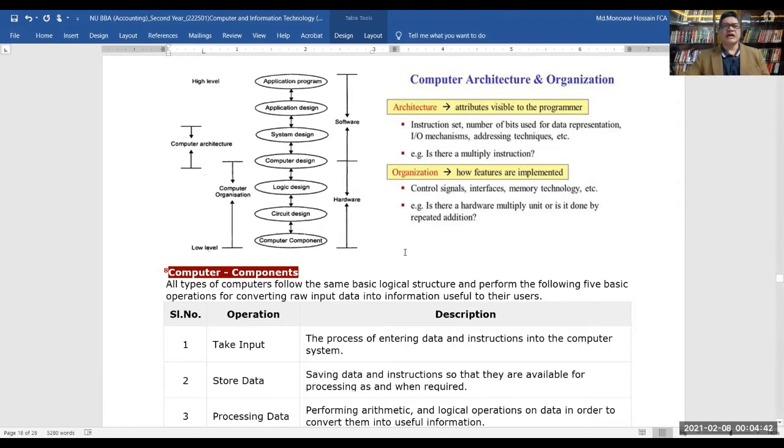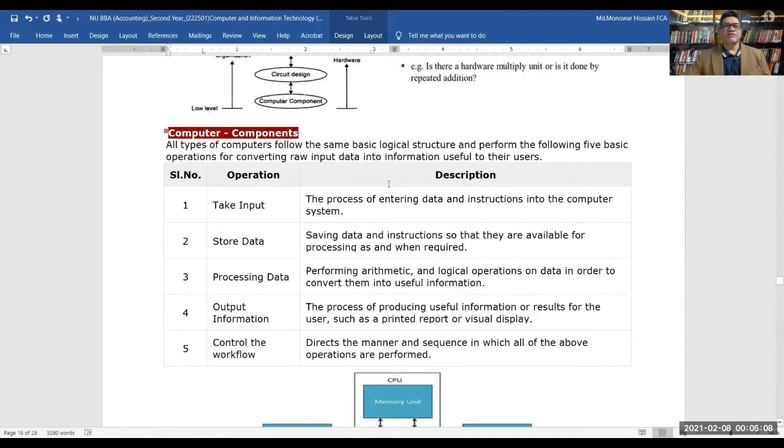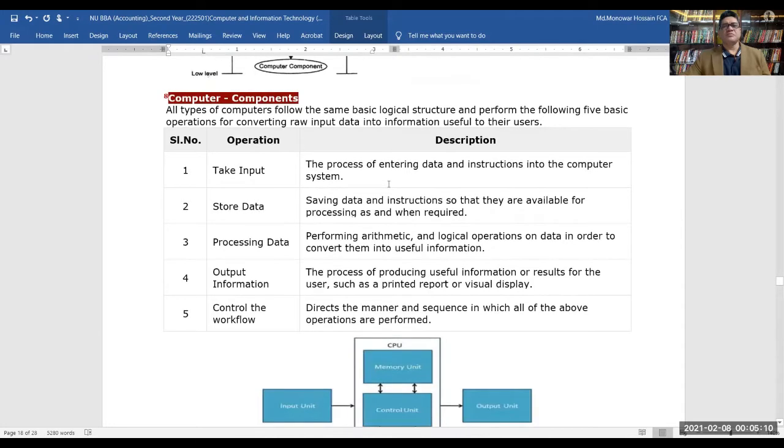So in this architecture, there is high level and low level, where the software, hardware, application program, application design, system design, computer design, logic design, circuit design, and computer components make up the total computer structure. Now, if we see the computer components, the unit takes in data, processes data, outputs information, and handles control and workflow.